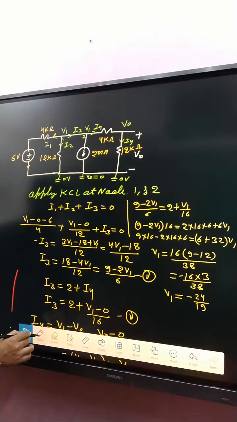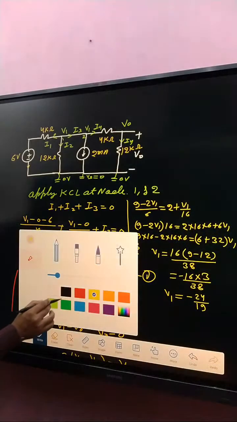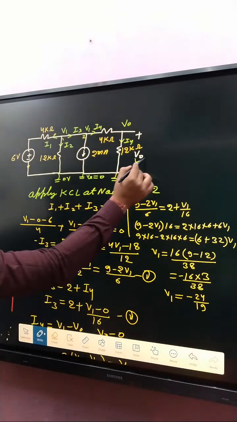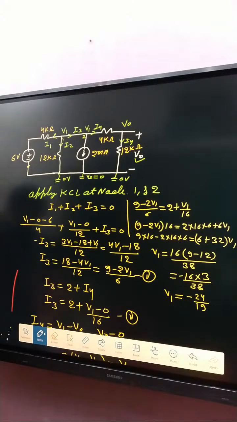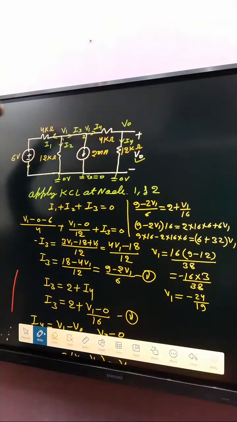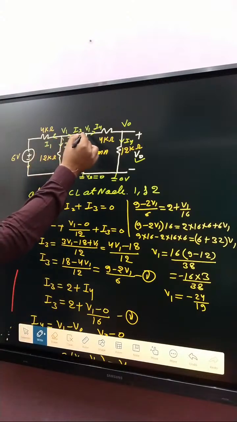So see very carefully. Our motto is to determine V naught. First of all, we have taken branch currents I1, I2, I3. After that, node voltage here V1, here also V1. Why?